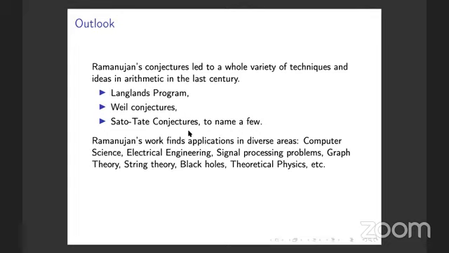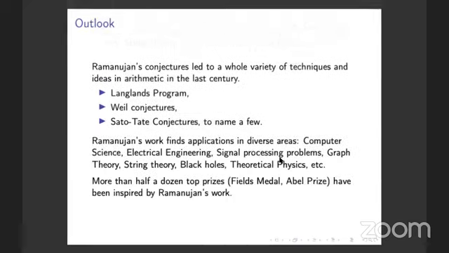You can listen to all the lectures where people spoke about Ramanujan's work. People from all these different areas came and spoke; it was computer science, but then they would say how Ramanujan's work finds application in computer science and so on. So it's very fascinating, and if people are interested, you can go and listen to that. It's available on the Royal Society website.